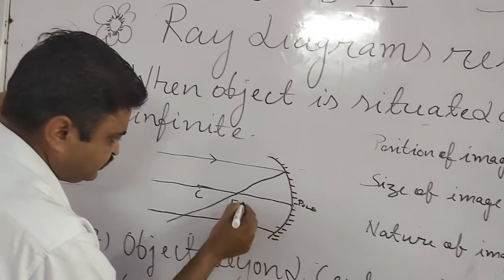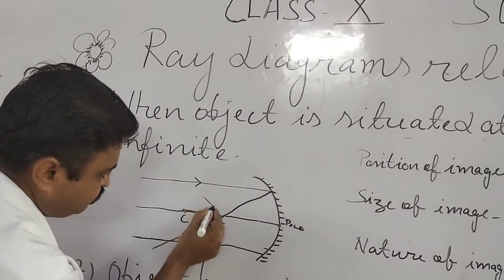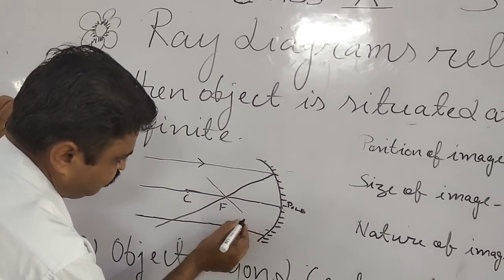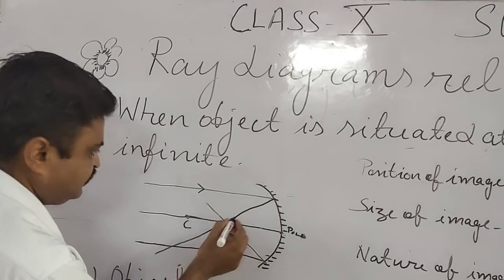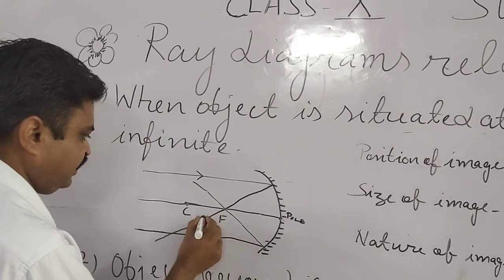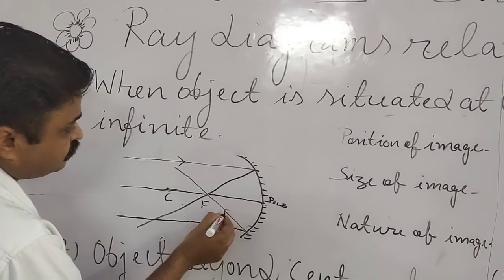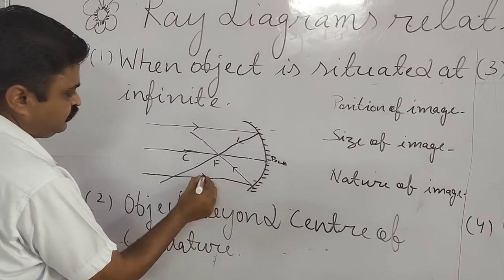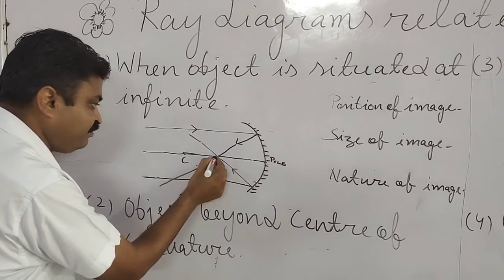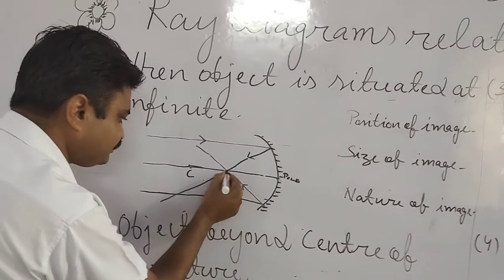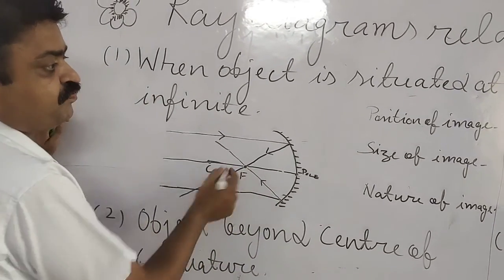Again this ray will meet at the principal axis. Now the image will be formed here at the focus.